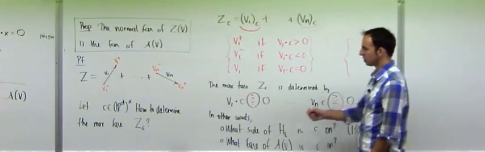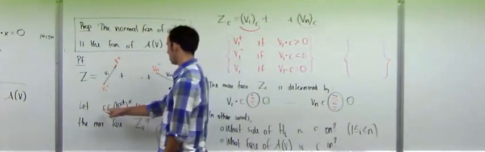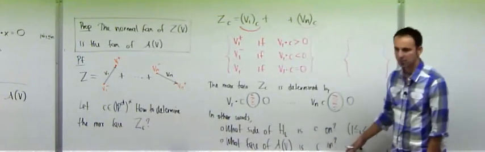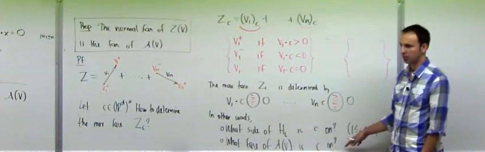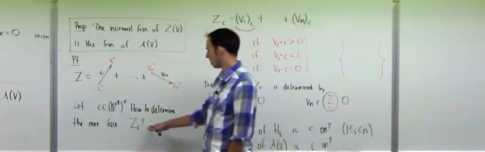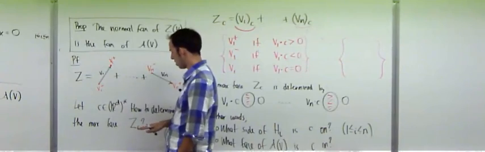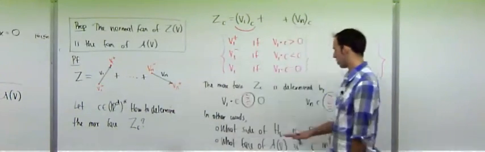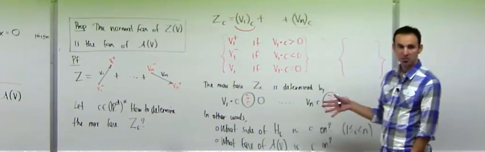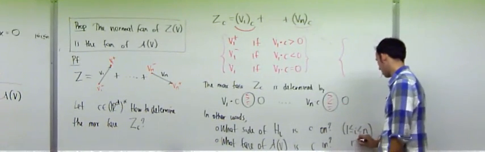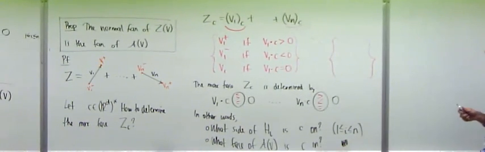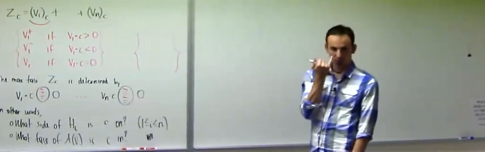And so the point is that C has a certain maximal phase if and only if C is in a certain phase of the arrangement. Okay? And so that means that there's a one-to-one correspondence between the cones of the normal fan of the zonotope and the cones or the faces of the arrangement. Okay? And that's the proof. Okay? You guys have any questions about that proof?